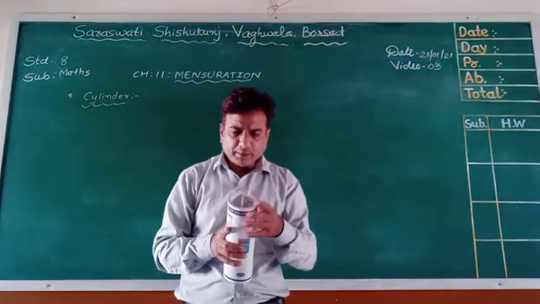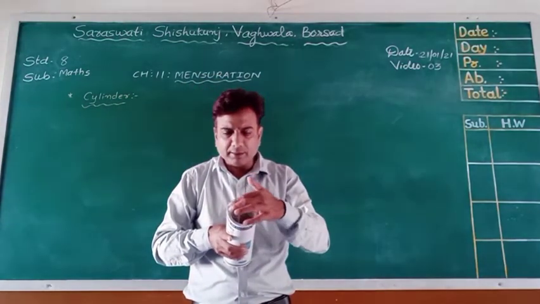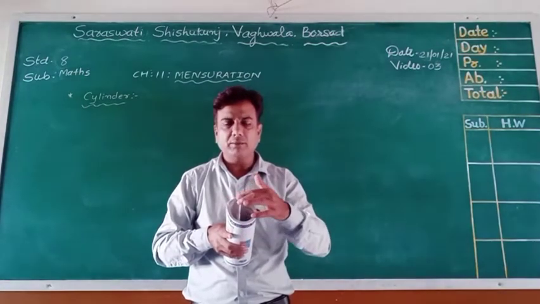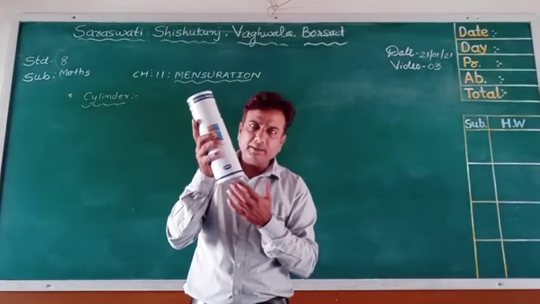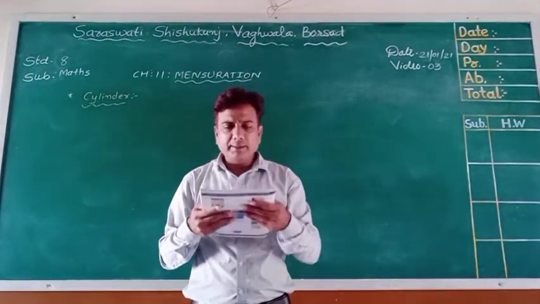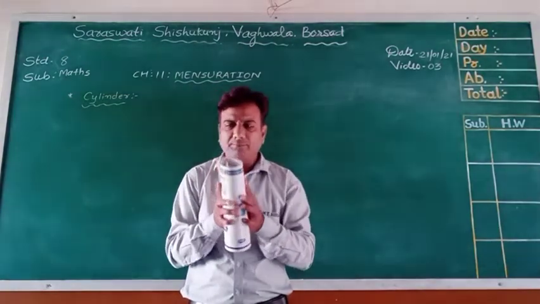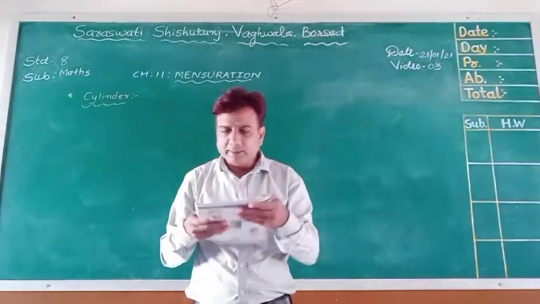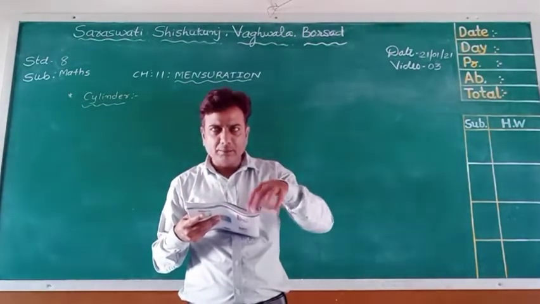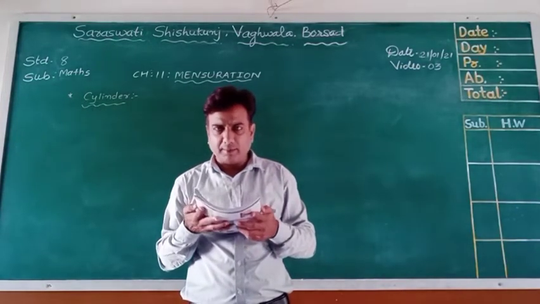Now its base, we can observe this base in a circle form. This base is in circle form, and this top is also in circle form. So this breadth is converted into a circle whenever we rebend it into a cylinder.